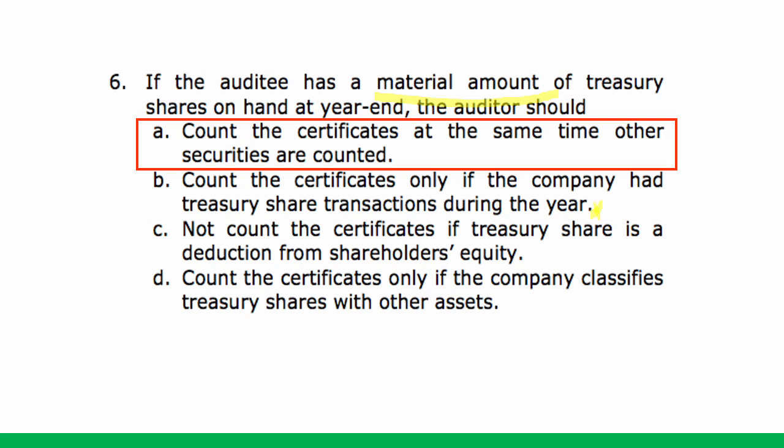Even if walang treasury share transactions si client, it's possible kasi na yung treasury shares coming from the previous year. So we still need to inspect yung material treasury shares nila as of year end. So incorrect din itong letter C. And incorrect din yung letter D because again, treasury shares will not be classified as asset.